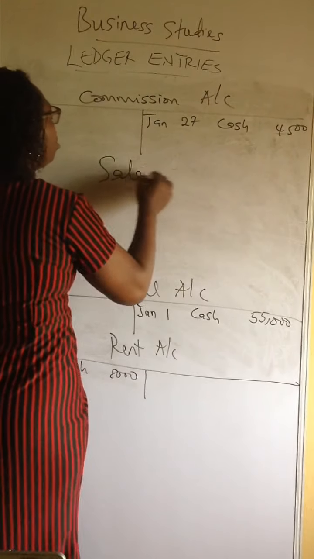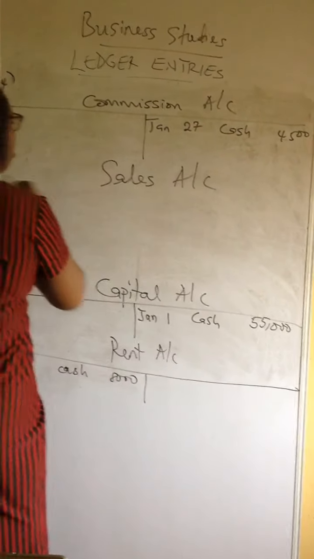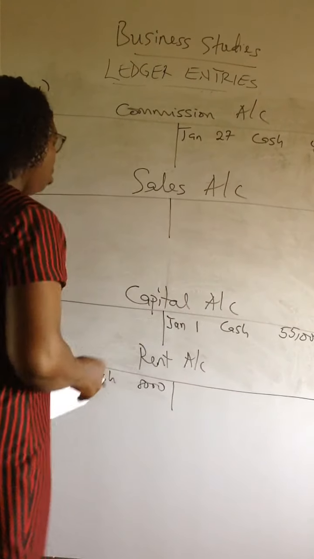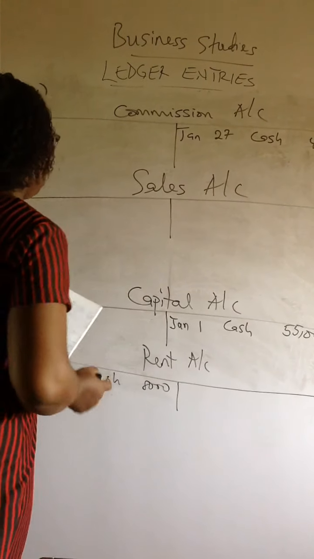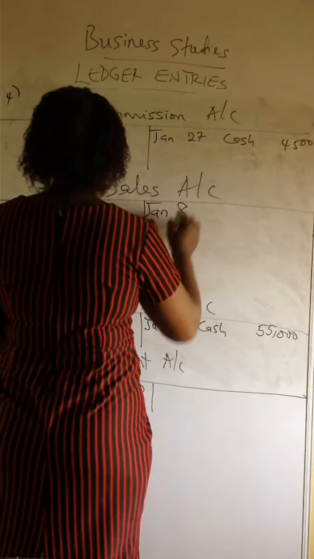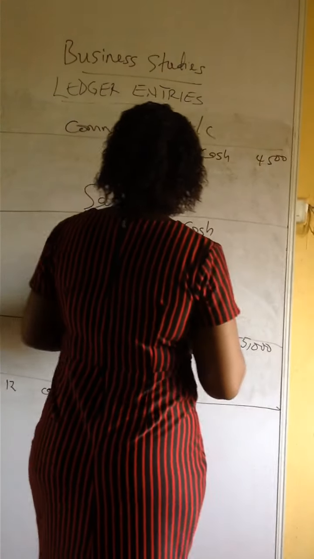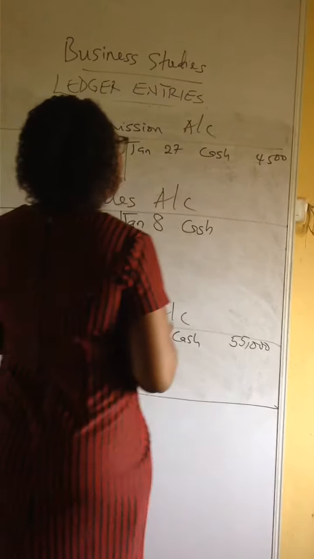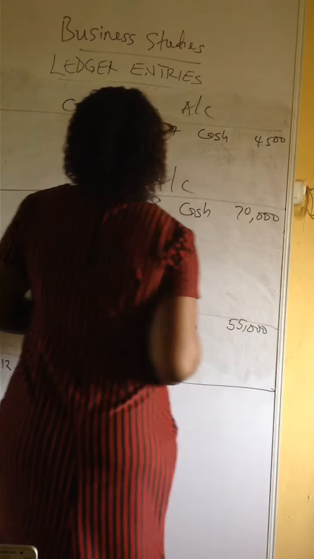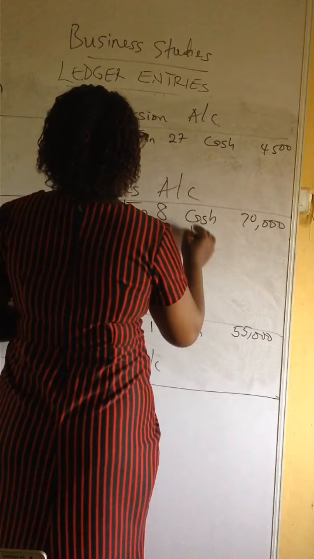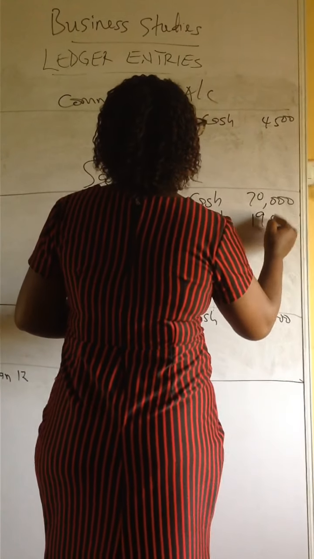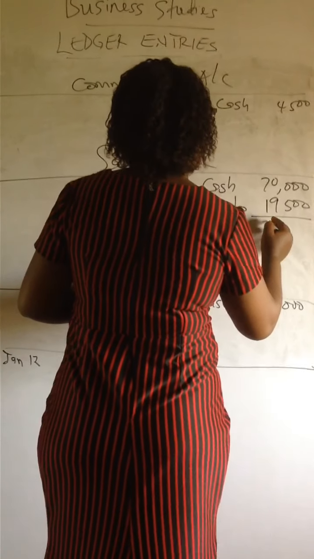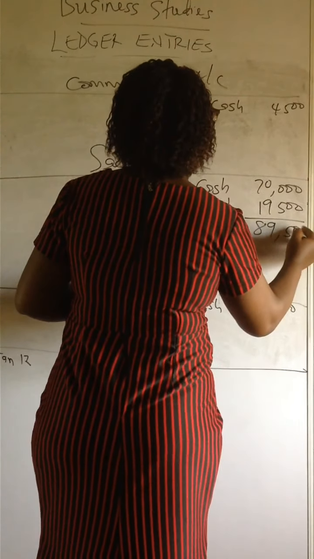We have the sales account. Remember, the sales was done to Bimbo, and it was done on credit. So you have January 8th, cash. That's the first sales we have on the 8th, 70,000 naira. Now you bring Bimbo's own here. That's the transaction from the 19th, and that was for 19,500. So you add these two, you have 89,500.